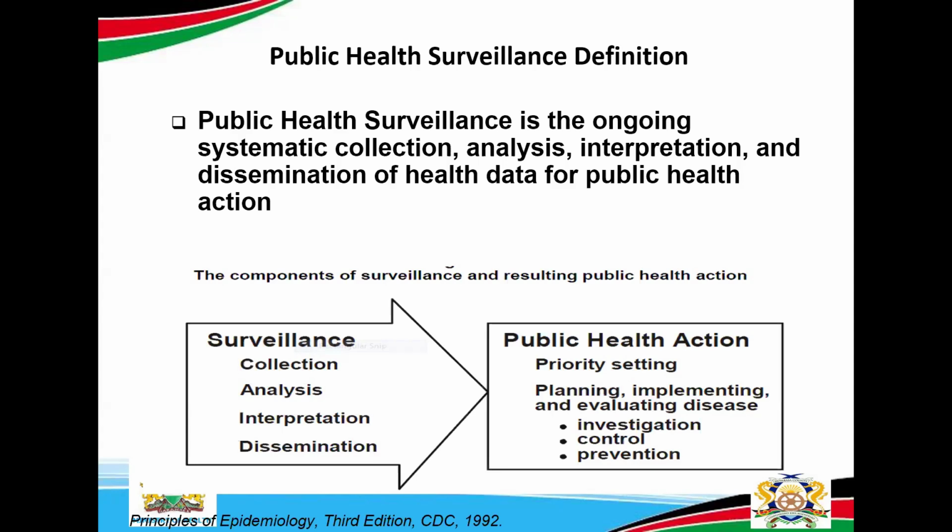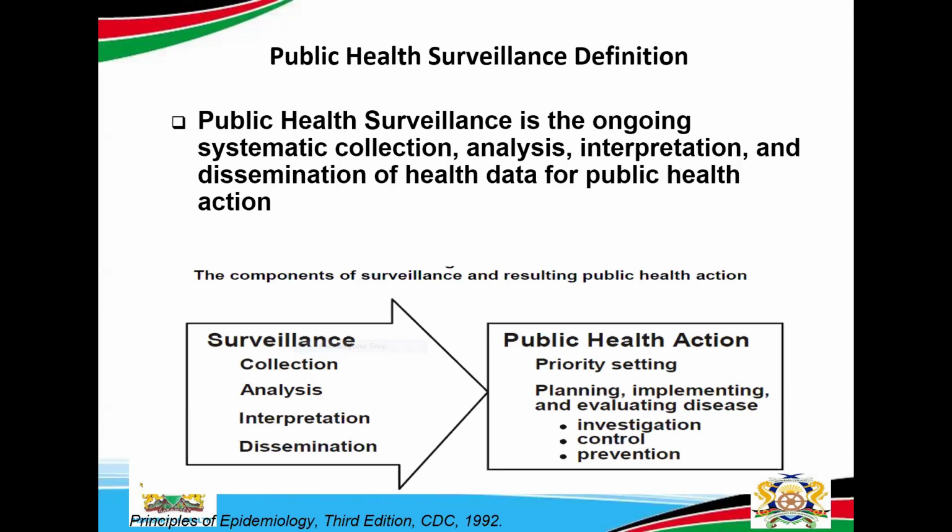After you do the analysis, you interpret what this data tells you about this community in terms of diseases. After getting the interpretation, you need to disseminate this data, or give feedback to the people who have collected the data, and also to the community or the area that you have collected the data from.